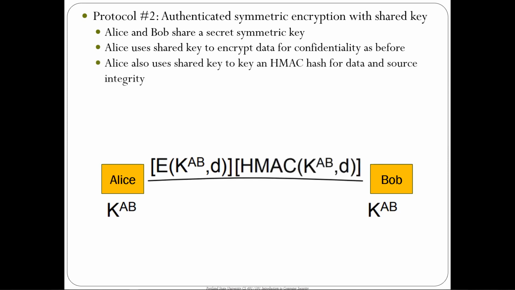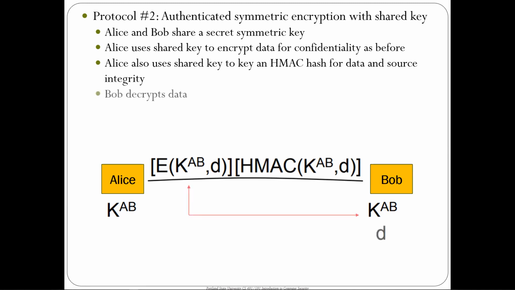But then she'll also send this keyed HMAC with this data. Now here, because anyone that tampers with this will corrupt this, this is where you're going to get the source and data integrity on top of the confidentiality.